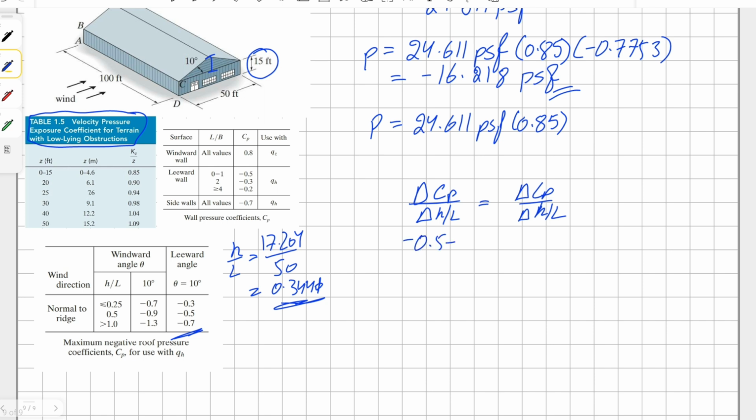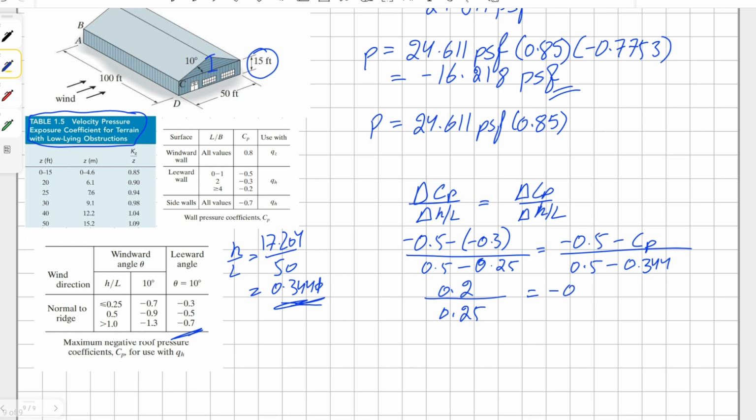So it'll be negative 0.5, negative 0.3. It's actually repetitive. You can skip if you like, or you can continue to work with me. So 0.5 take away 0.25 equals negative 0.5 take away our roof exposure coefficient divided by 0.5 take away our value here for our mean roof height, 0.344. Once again, we simplify, so it becomes 0.2 divided by 0.25 equals negative 0.5 take away roof exposure coefficient.